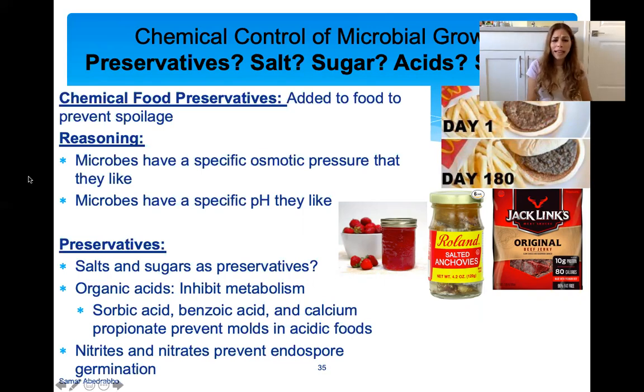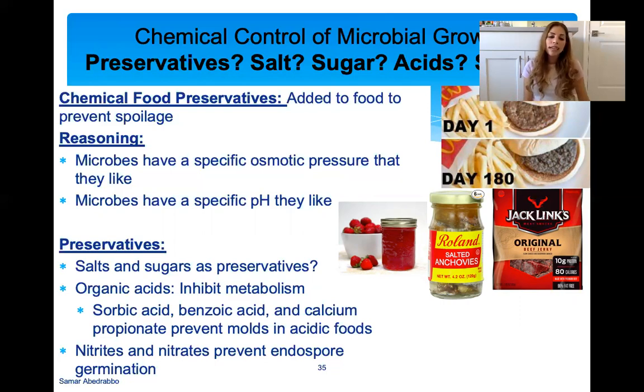We also have organic acids as preservatives. If you've ever read food labels, you'll see sorbic acid, benzoic acid, many different acids. So next time, read your label. A lot of times we see these in yogurt, and they inhibit microbial metabolism. And if microbes can't do their metabolism, they can't get energy, they can't grow.